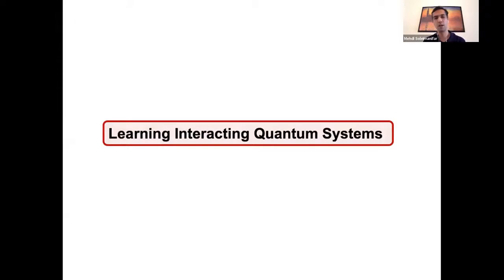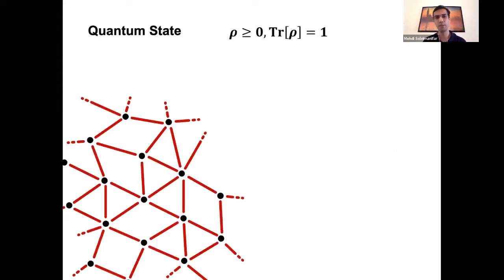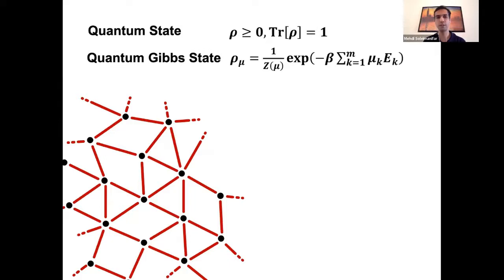Now, I'll tell you about a variant or generalization of these models that appears in quantum physics and quantum computing. So now instead of probability distributions, we have quantum states, which are PSD matrices with trace 1. And instead of the Gibbs distribution, we have quantum Gibbs states, where the cost function we had before is now replaced by an operator called the local Hamiltonian.